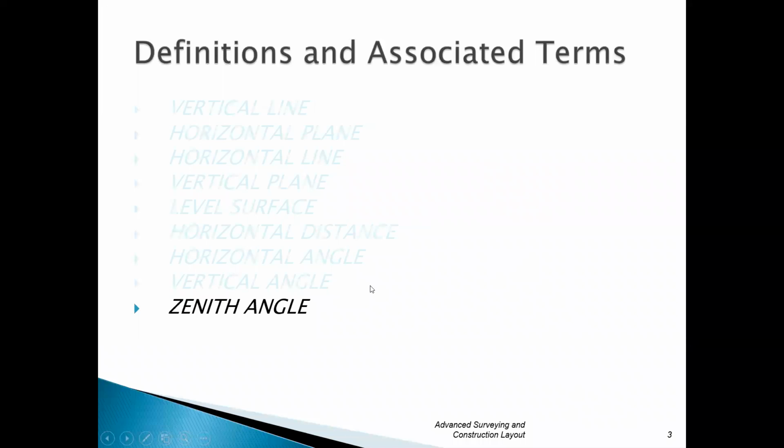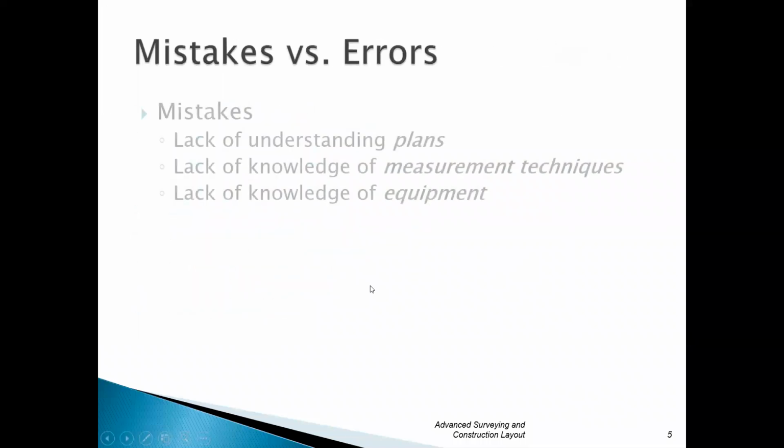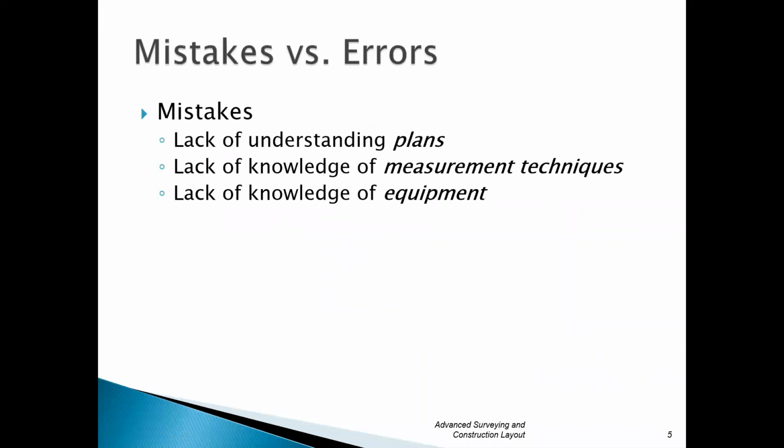Okay, so let's talk about mistakes. Mistakes occur in layout for many reasons, but one is lack of understanding of your plans. This is big because a lot of people can do layout, they can lay out distances, they can lay out angles, but if they can't look at a plan and interpret what that plan's saying to them, that's going to be very important. So it actually takes a lot of time to understand plans.